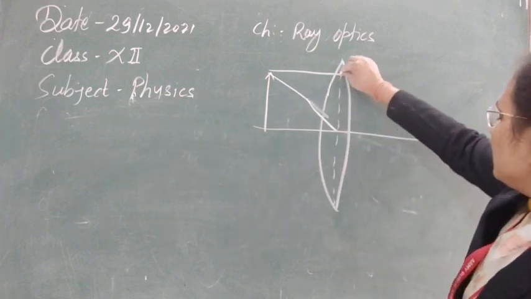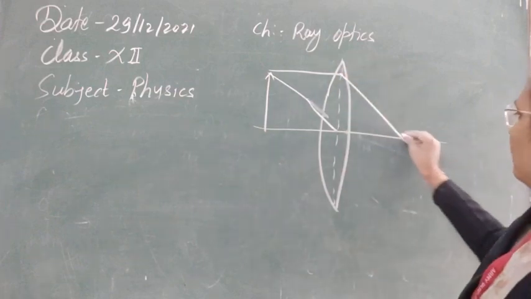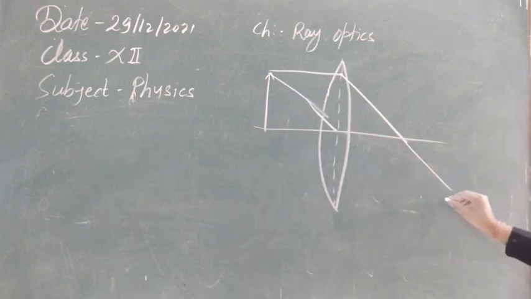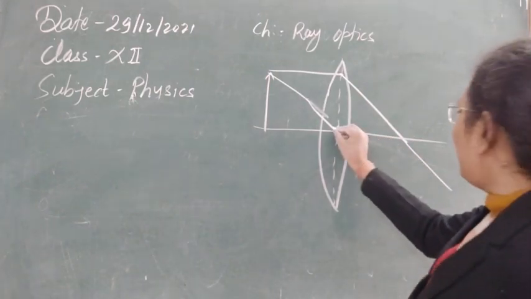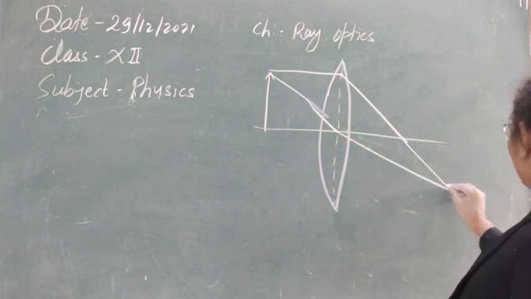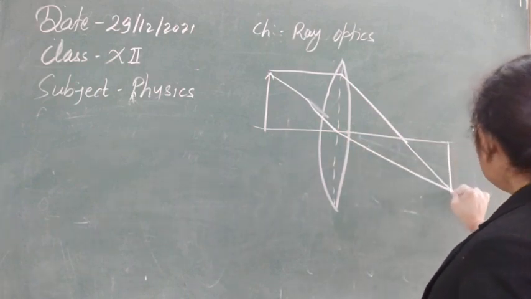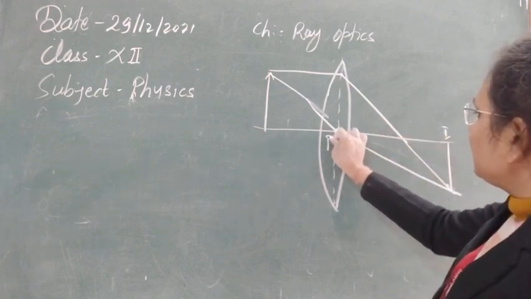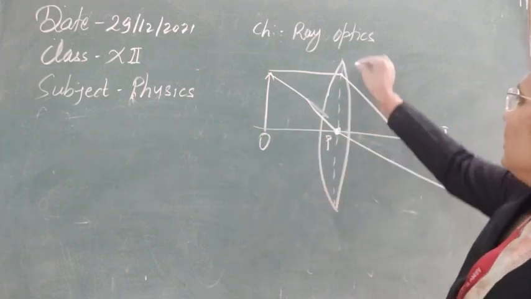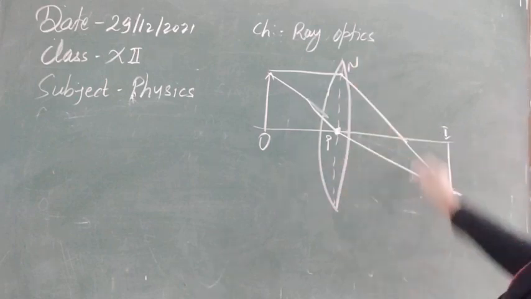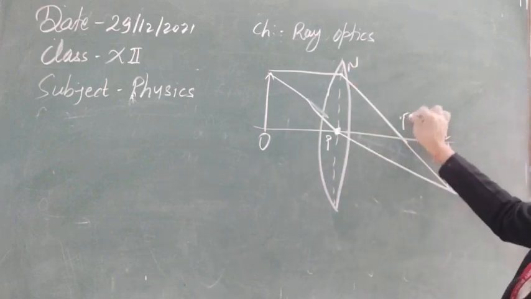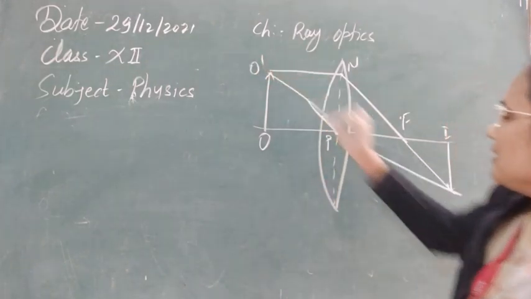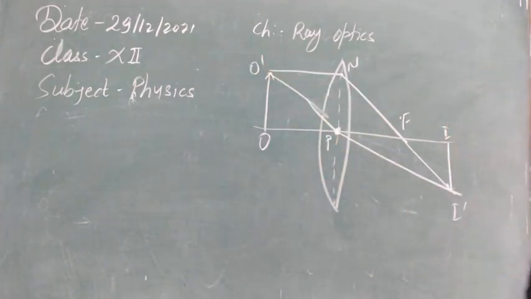After this, it will pass through the focus, and obviously go beyond it. From there, the light will go and meet at some point. The point where these two rays meet is the point of the image. So this is our P, this is the O point, this is suppose the N point, this is our focal point that we can call F also, and this is suppose O dash, this is now I dash.